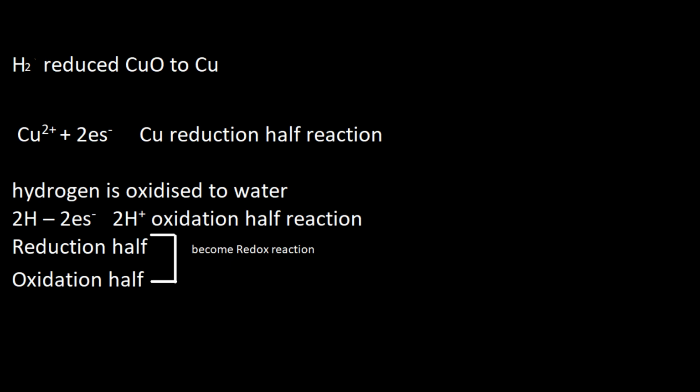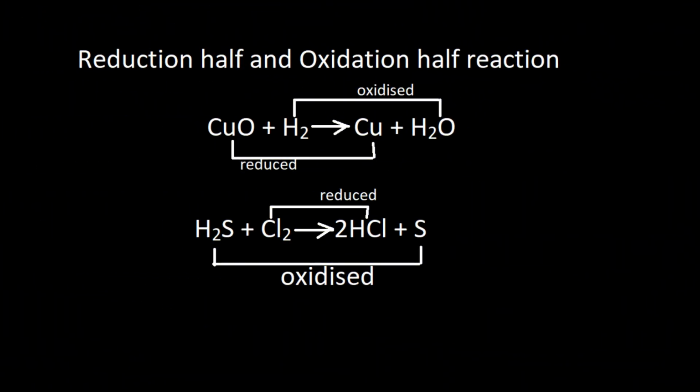Here you again remember Gr and Lo. Gaining of electrons in case of copper is called reduction half reaction, and losing of electrons in case of hydrogen is called oxidation half reaction. So reduction half, oxidation half, we can call it a redox reaction. Red from reduction and Ox from oxidation.